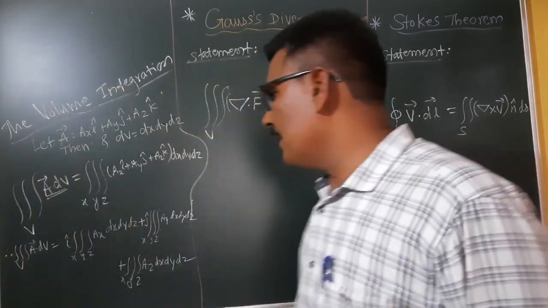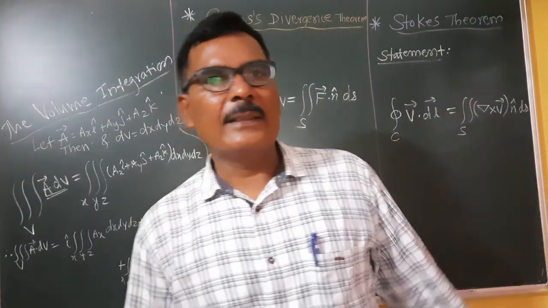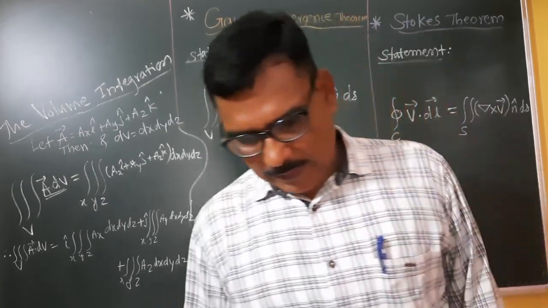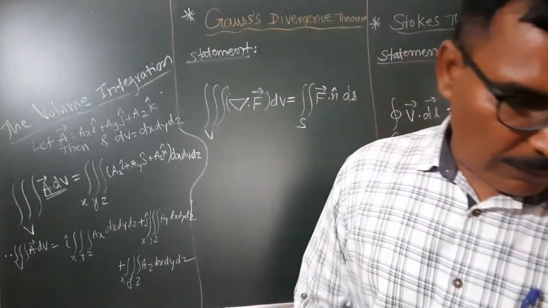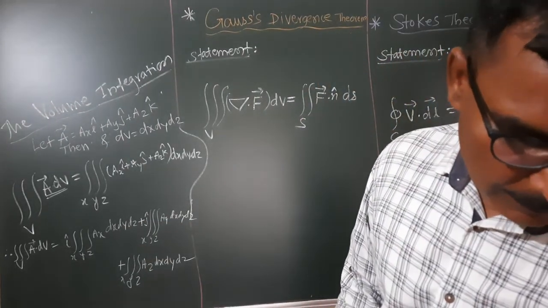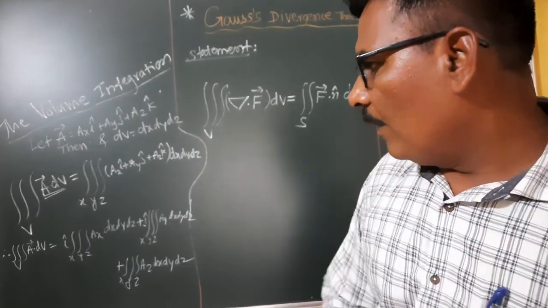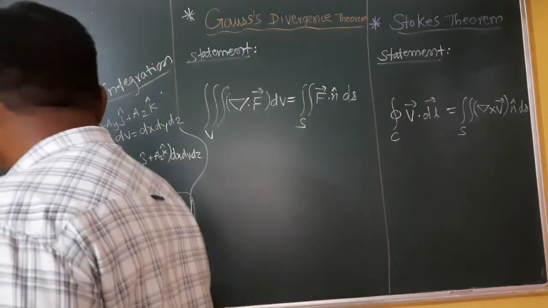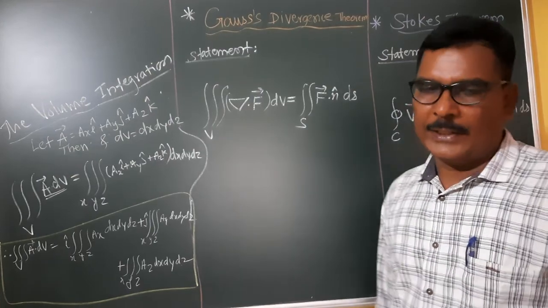This is considered as volume integration. This is how we find the volume integration of any vector field. First we studied the formula for line integration, then for surface integration, and this third formula is the volume integration.